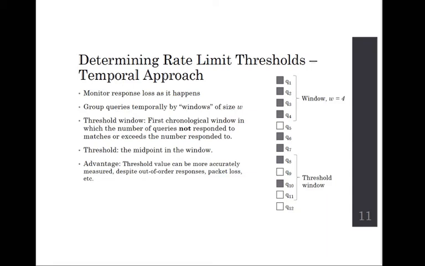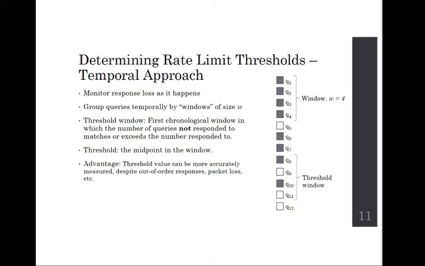The methodology we used was a sliding window algorithm, where we ordered the queries that we did and then selected a window size. In the example here we're using a window size of 4, although what we actually used in our methodology was a window size of 8.